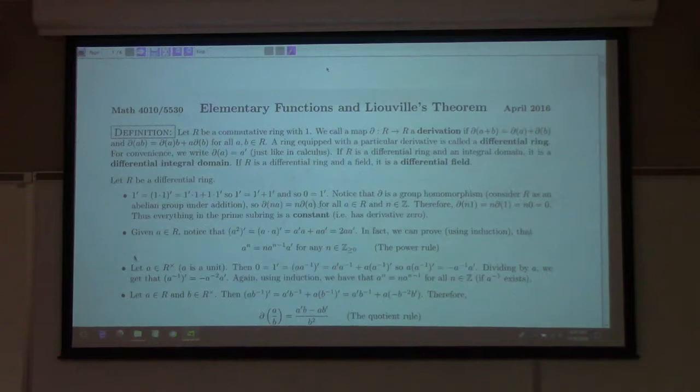Again, I don't know, because I'm not sure of the definition of prime subring at the moment, unless he defined it up here and I just missed it. Okay, but we're getting into the weeds here.